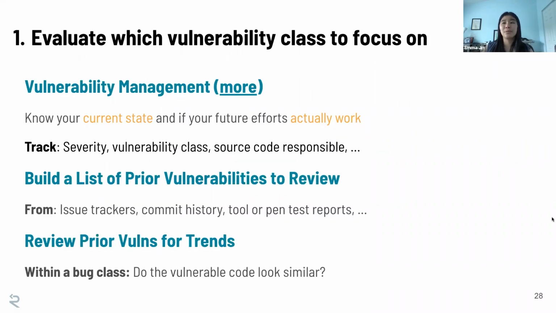That'll allow you to sort your vulnerabilities by class. And then within each class, ask: does the vulnerable code look similar? Is the root cause the same? Is it always traced back to one bad function call? And then it'll be easy to figure out what the safe pattern is.